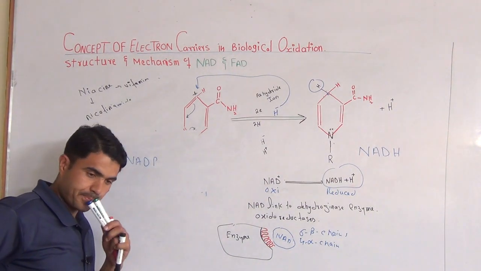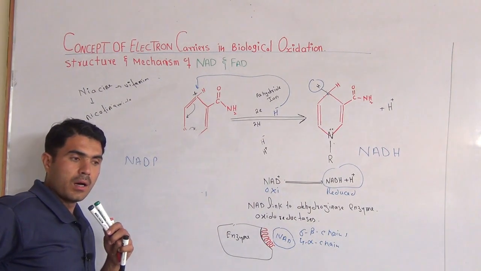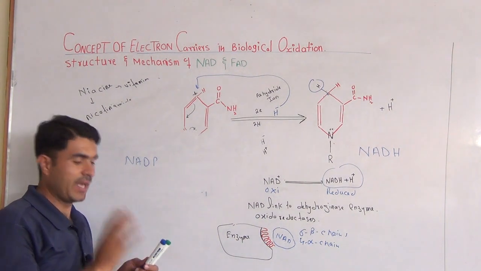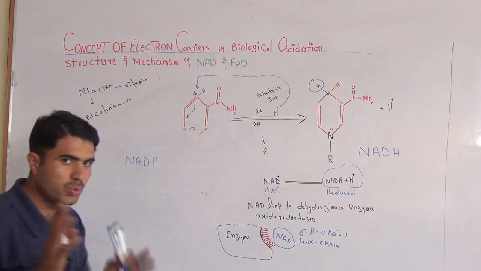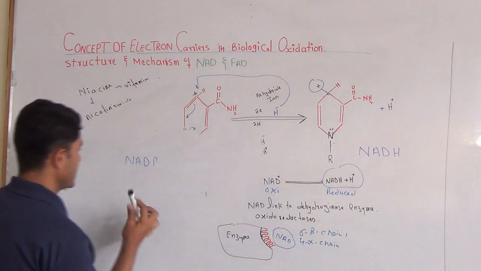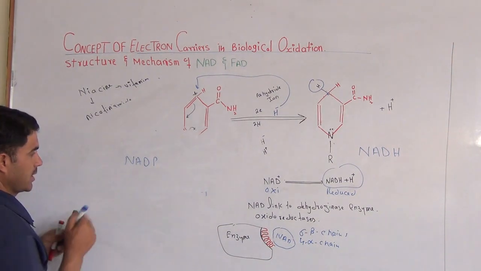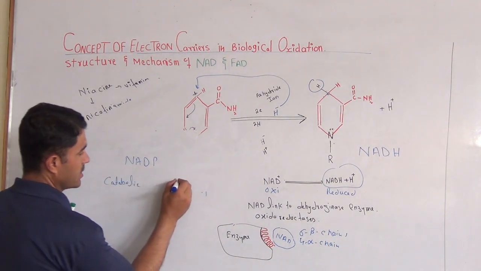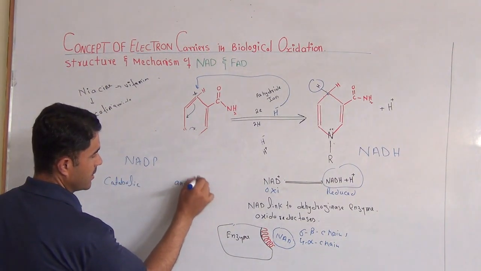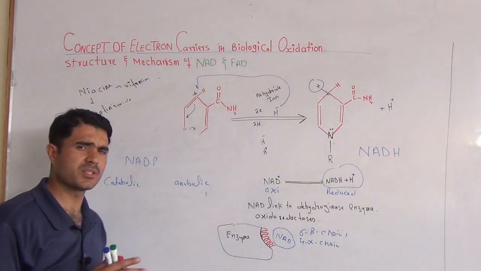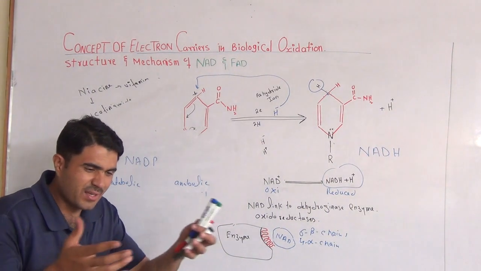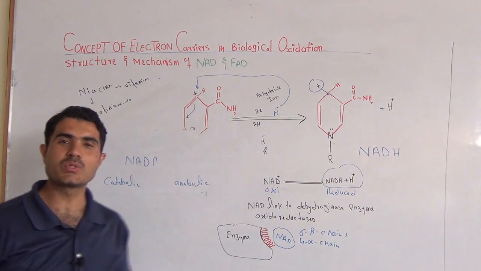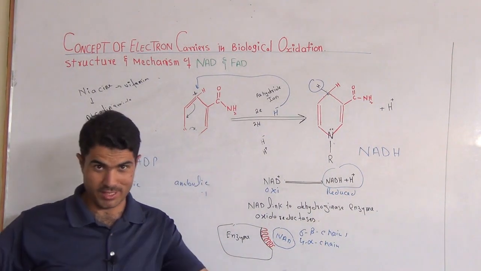Question is, what is the purpose of these two? If there is NADH and then there is NADPH. Actually, there are two types of chemical reaction: one is catabolic, and one is anabolic. Anabolic reactions are those in which substances are combined to make a new substance, and catabolic reactions are those where a compound is broken down.